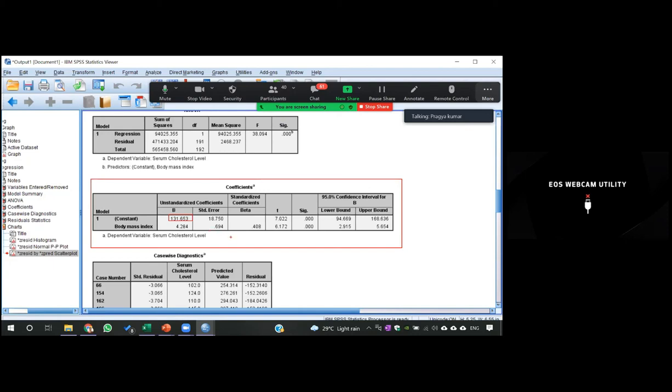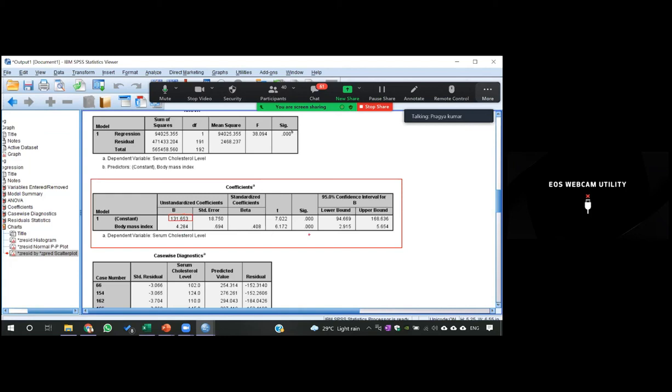So is it clear to everyone? I'll show this, it is there in the PPT also, but did you understand how we make the equation? So you write Y, that is the cholesterol, is equal to 131, that is the constant, plus 4. Oh, it's not clear. Ashish is writing, it's not clear.